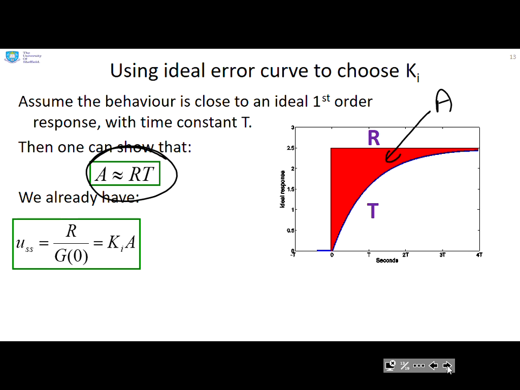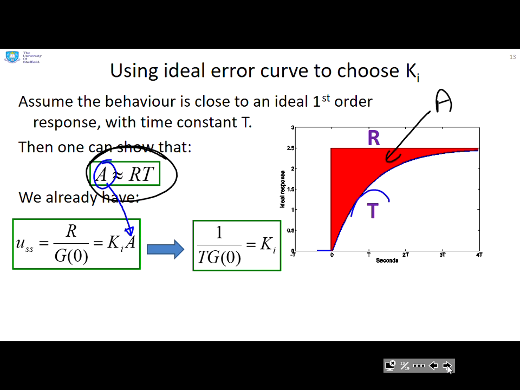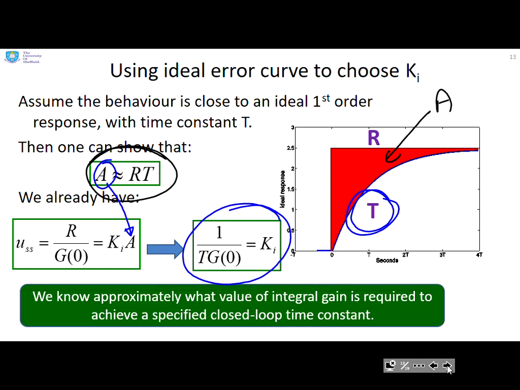Now we've already got this formula which we've derived, that USS equals R over G of 0 equals Ki times A. So all we need to do now is take this formula for A and plug it in here, and you end up with a new identity which tells you that in order to get a closed loop response with a time constant T, then Ki has to obey this identity here. So we now know approximately what value of integral gain is required to achieve a specified closed loop time constant. If Ki is bigger than that, you potentially could be faster. If Ki is smaller, you necessarily must be slower.